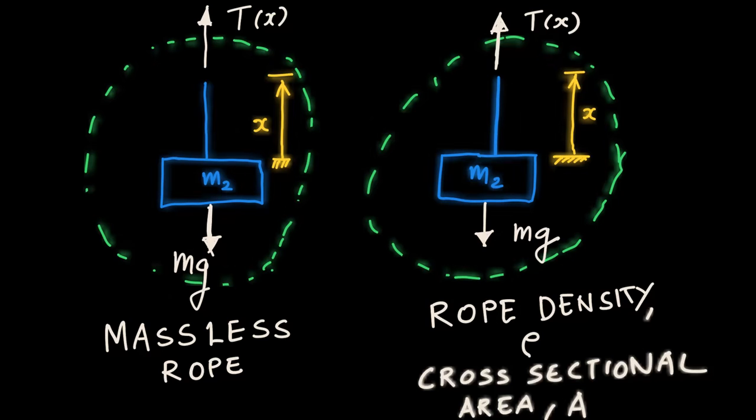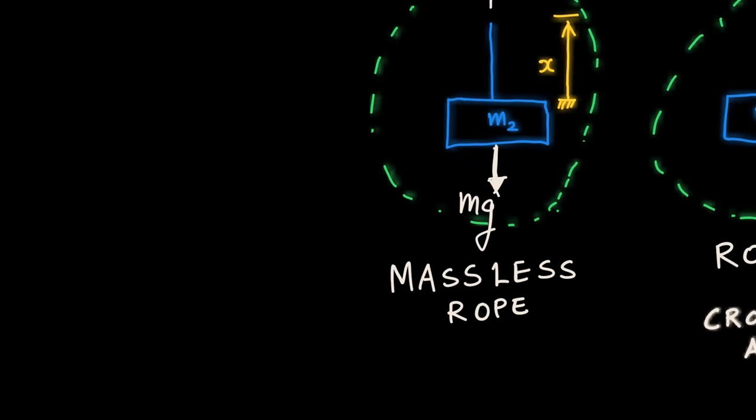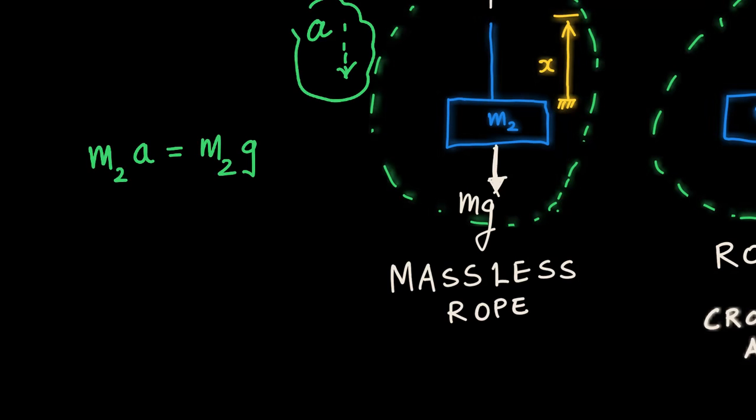For case 1, things are far easier. If I write down Newton's second law, I will end up like this: M2 times the acceleration will be equal to M2g, because I'm taking the positive direction of a downwards, minus T of x.